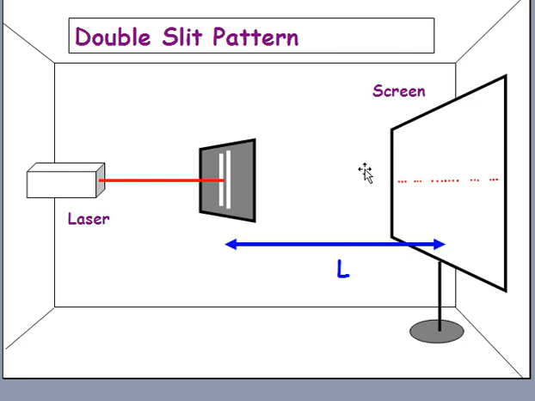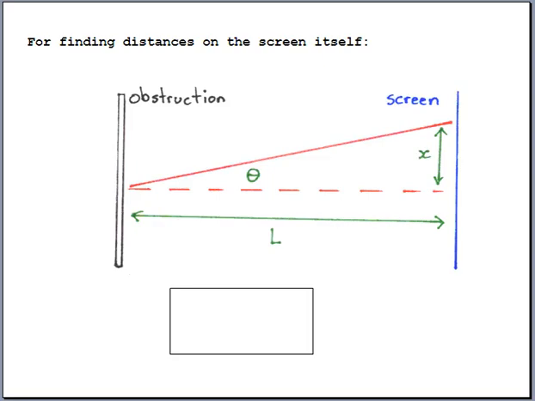The physics is going to give us an angle, and we might want to know if we took a ruler on the screen exactly how far sideways things would be. Well, it's really just tangent from right angle trigonometry. The tangent of the angle that the physics equation gives you is just going to be the distance sideways divided by the distance over to the screen. So we just have opposite divided by adjacent as we're working through this.